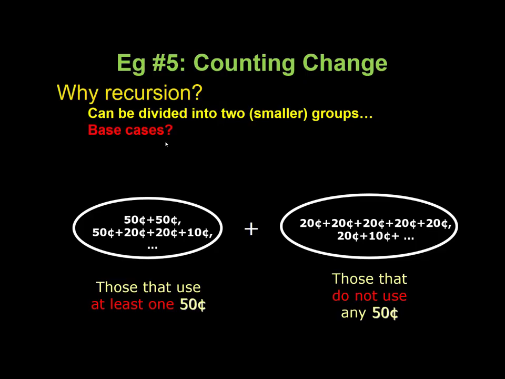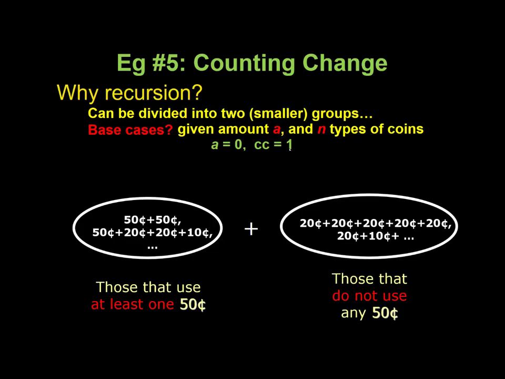So what are the base cases? These should be cases that you can easily count, given the amount A that you want to change and the number of types N of coins you have. Because here, with 50 cents, you would have 5 types. Without 50 cents, you now have 4 types only. So when the amount is 0, that means there's only one way to change it, regardless of the number of types of coins you have.